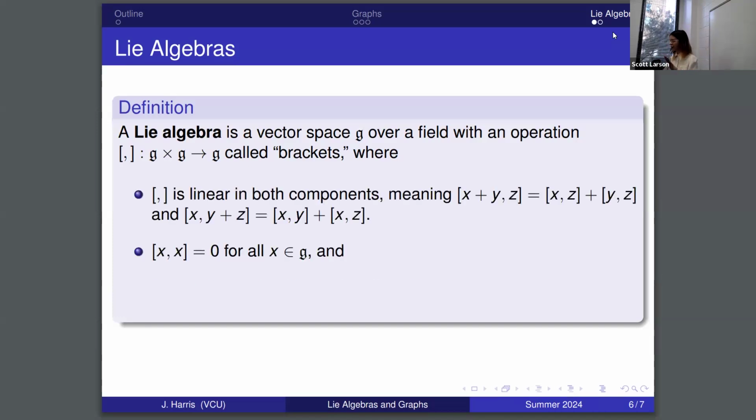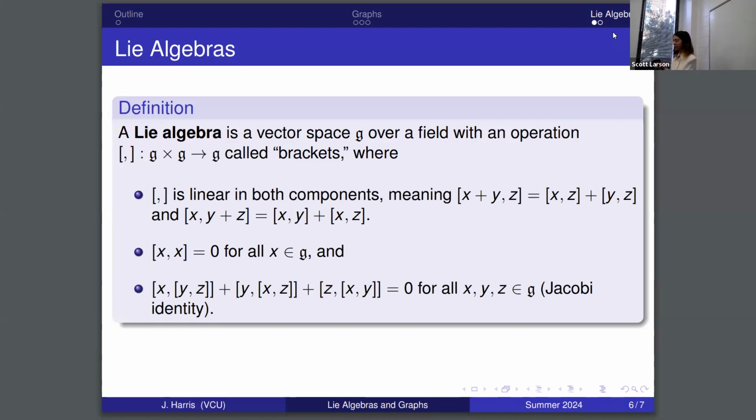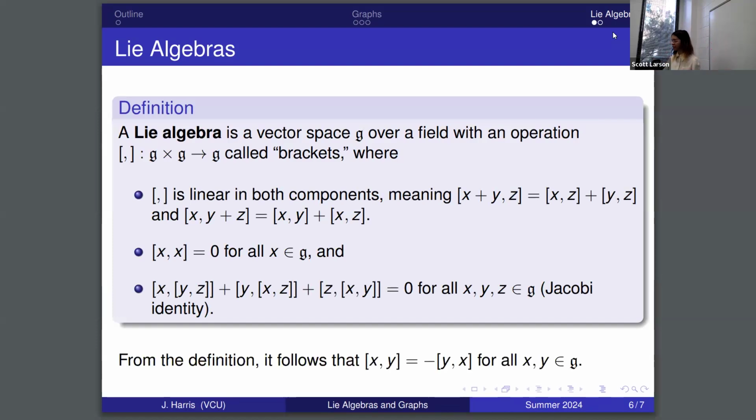It has to follow these 3 properties: it's bilinear, you bracket something with itself and it's 0, and it follows the Jacobi identity, which is that long expression at the bottom. Because of these, we have anti-commutativity of the brackets, which ended up being pretty helpful throughout our project.